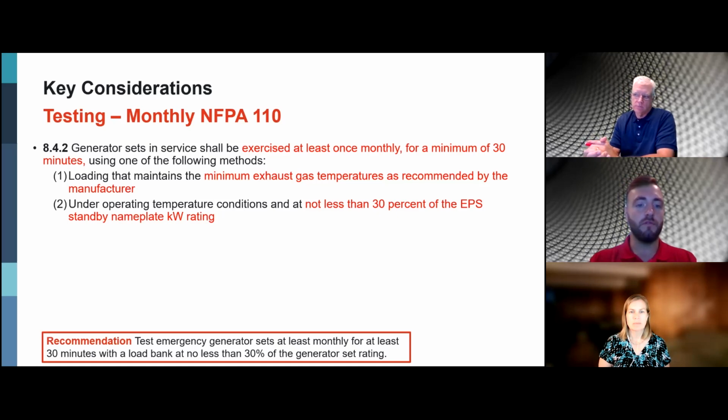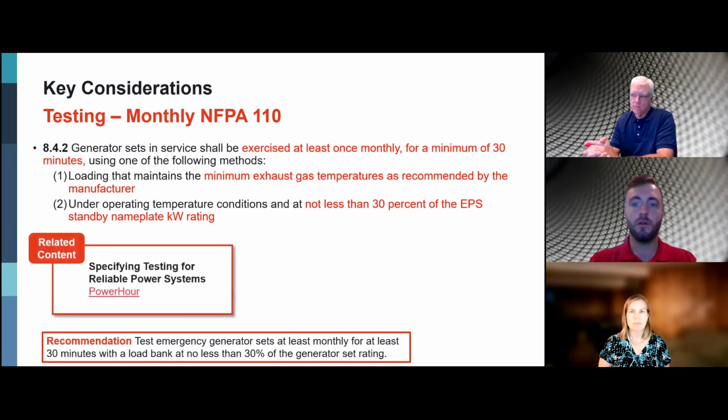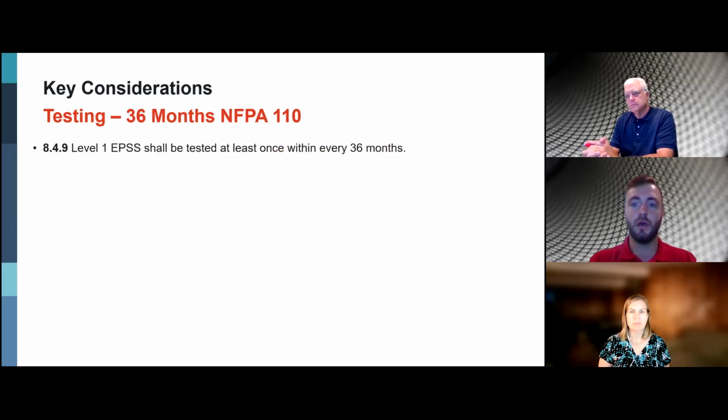So outside of the monthly testing, there is 36-month testing. The next step in the testing process for a healthcare facility is 36-month testing. So when testing at the 36-month mark, what should a facility manager be looking into doing as defined by NFPA?